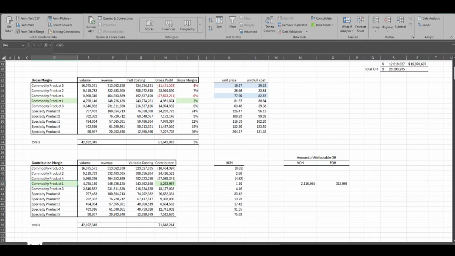And with this commodity product 1, we're looking at that 2.1 million of variable overhead and that 300,000 of fixed overhead. Now, the 2.1 is probably going to go with the product line if we were to eliminate it. No big deal. But that 300,000 isn't going to go away.